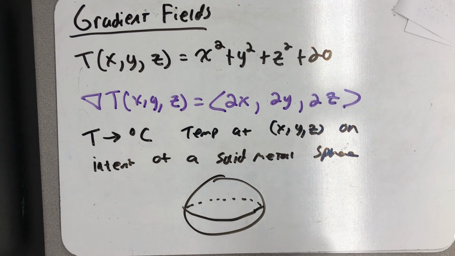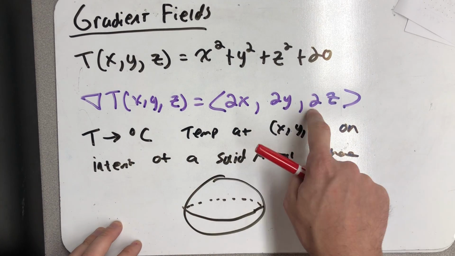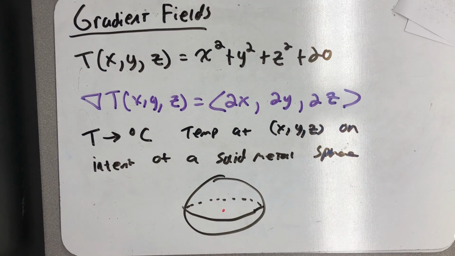And now for every point, we plug in x, y, z, and we get the gradient vector, which would always be pointing towards where the temperature was the highest. So in this sphere, if I plug in 0, I'd get out just a point, right?